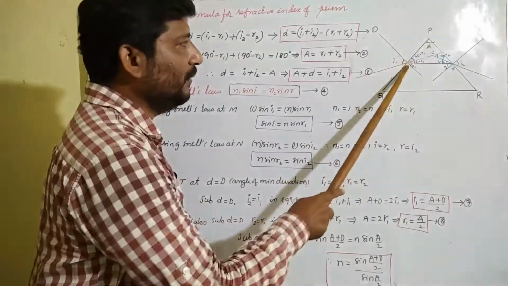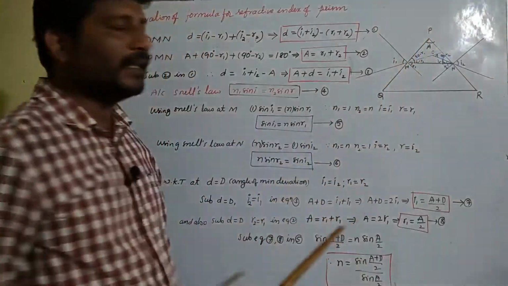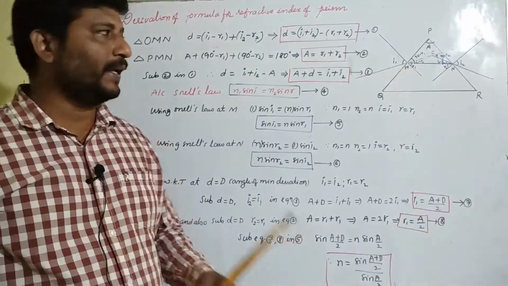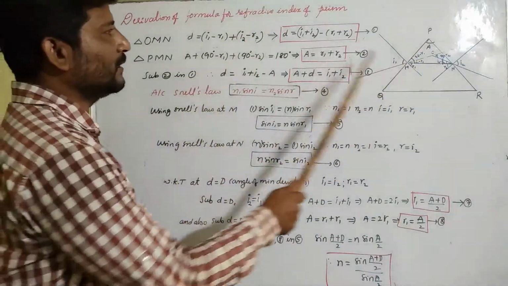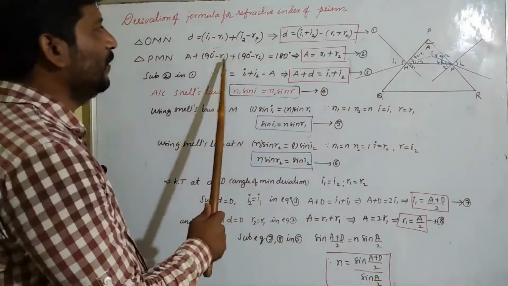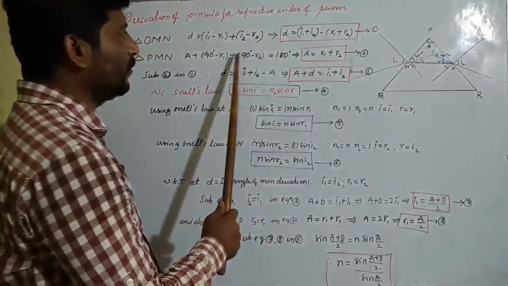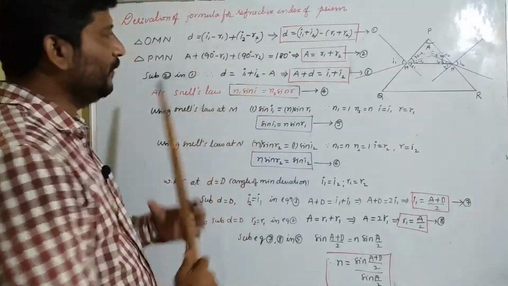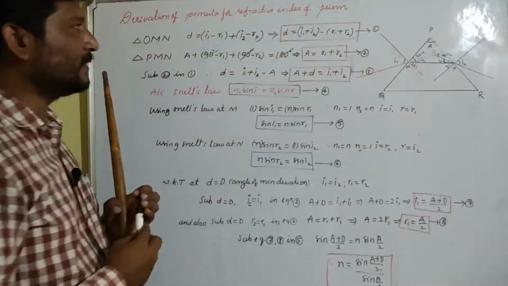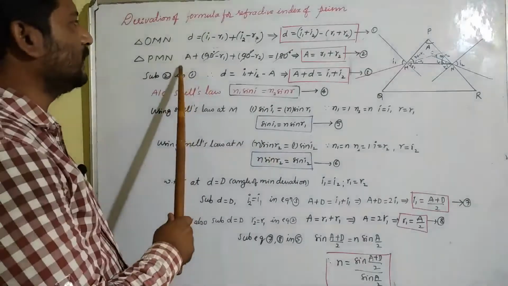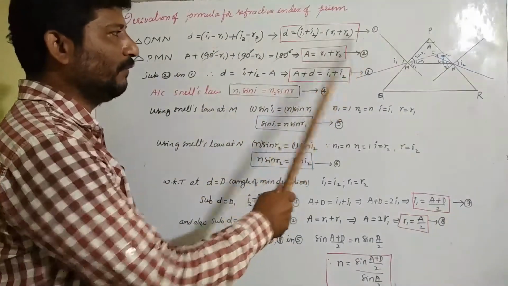In a triangle the sum of all angles equals 180 degrees. So A plus 90 minus R1 plus 90 minus R2 equals 180. 90 plus 90, 180, will get cancelled. Therefore A equals R1 plus R2, equation number 2.